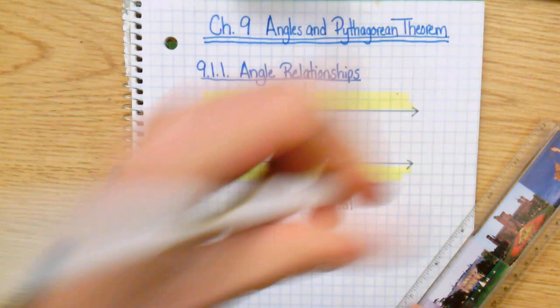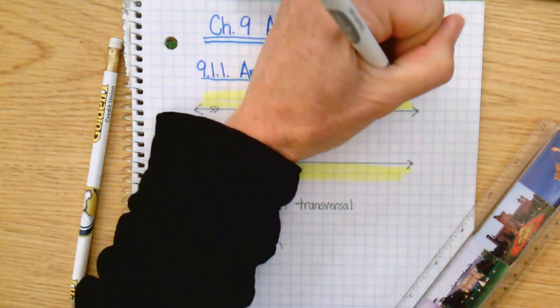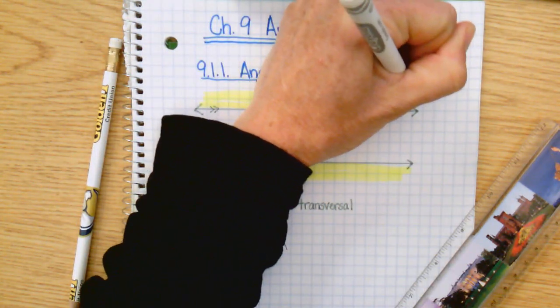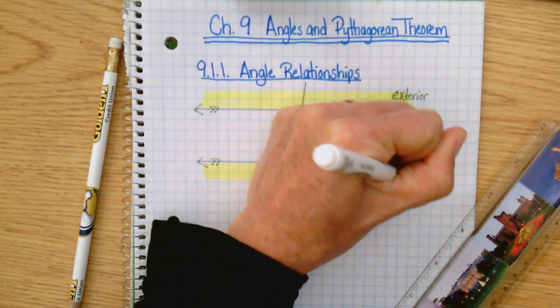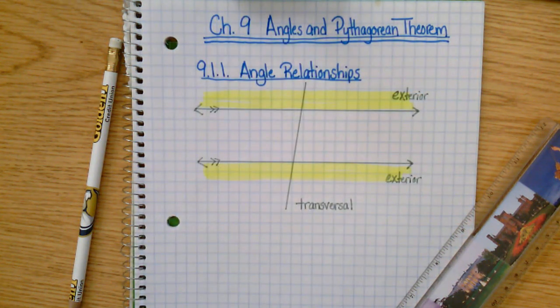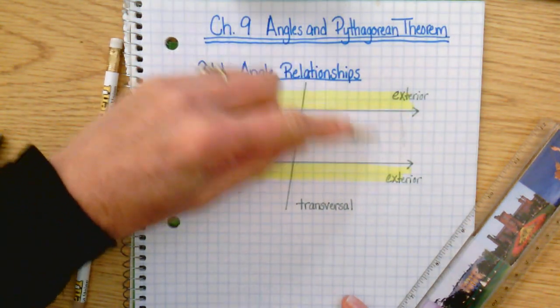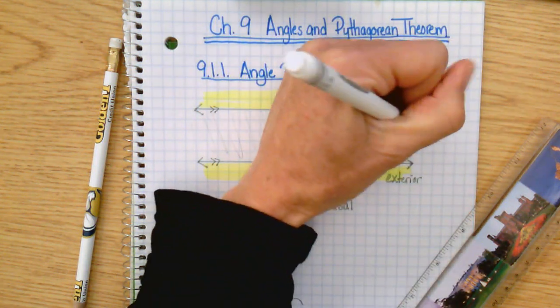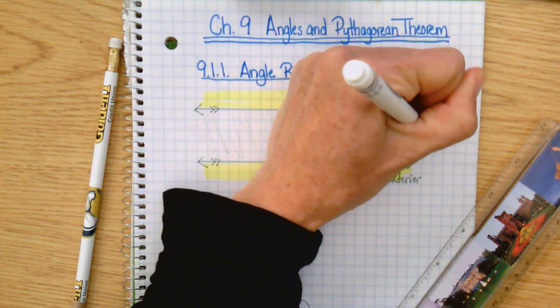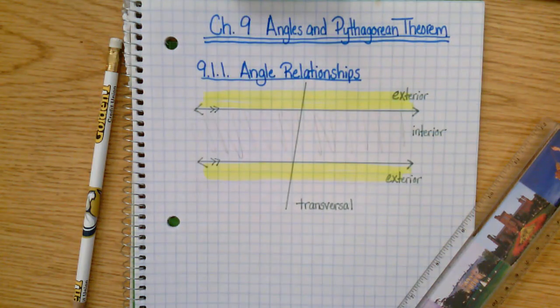These are the exterior regions. The part in between the two lines, in here, this section is the interior region. Okay, so we have some exterior angles and some interior angles.